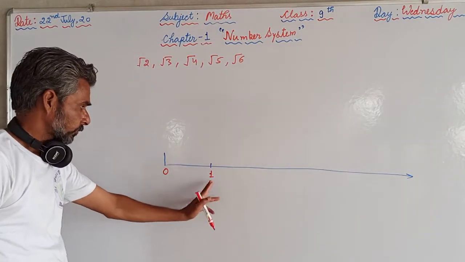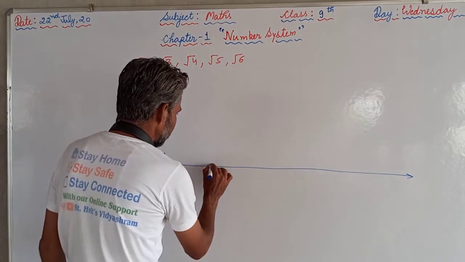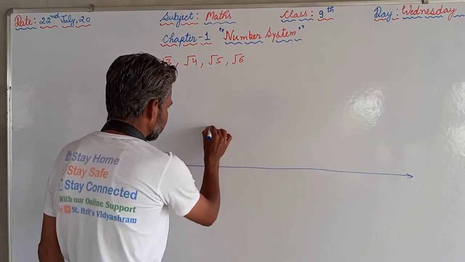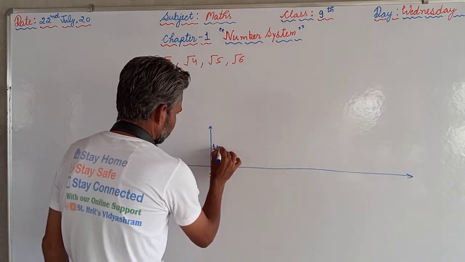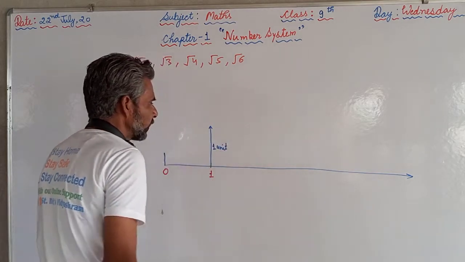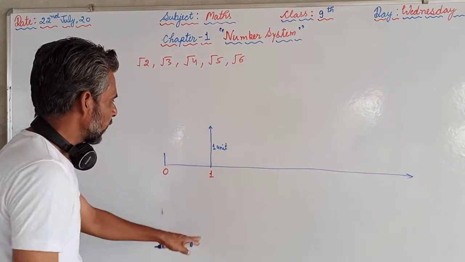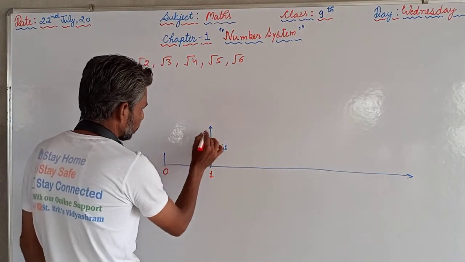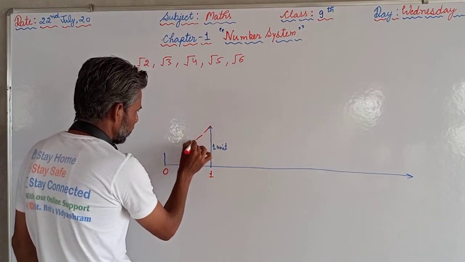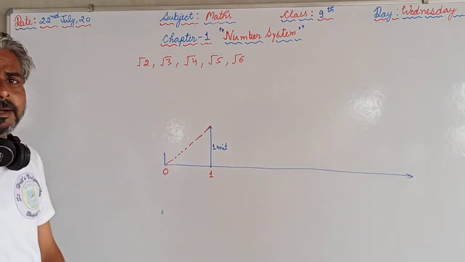This is the 1 unit. At the 1 unit we will draw a perpendicular of 1 unit as well. After drawing a perpendicular at 1 unit of height 1 unit, we will join this, and afterwards we will use the compass.